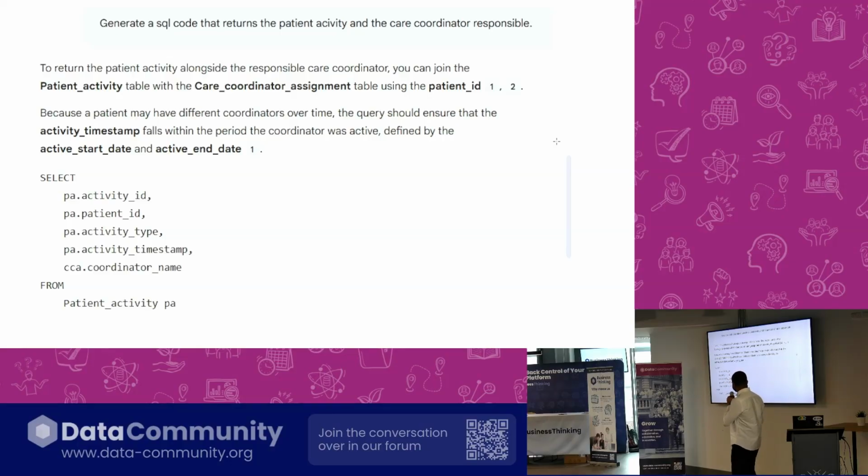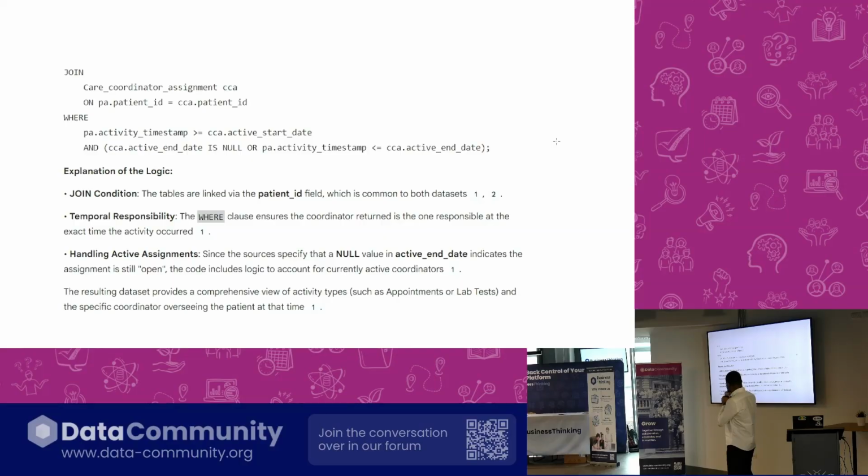It did a good job in joining the two tables together very well, but more importantly, making sure that for a patient to be linked to a care coordinator, that care coordinator must be active at the time the activity occurred, which was what the initial query was missing. And now you end up with a good result.